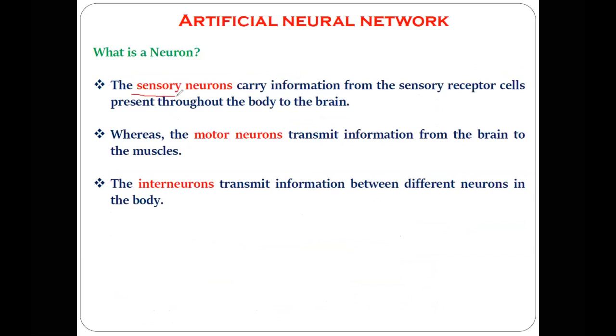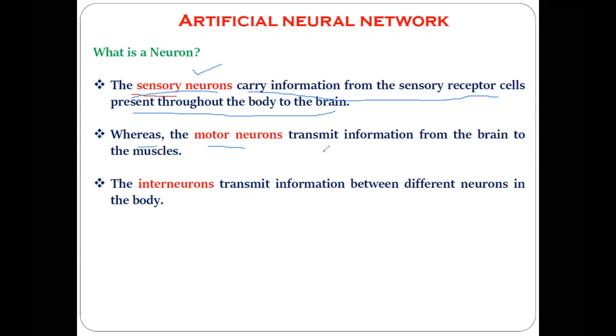I have mentioned one kind of neuron, the sensory neurons, which carry the information from the sensory receptor cells present throughout the body to the brain. So these sensory neurons carry the signal from sensory receptor cells to the brain, or from the muscles to the brain, or from the different organs of our body to the brain. That is the sensory neurons. We'll see an example for that also.